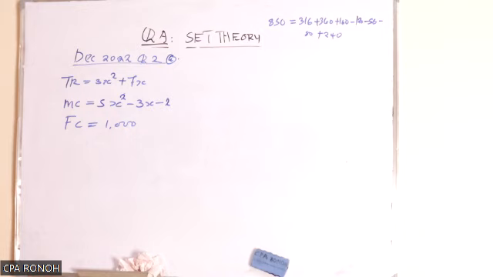Derive the average cost and average revenue functions of the firm. Number 2, calculate the profit maximizing output. And number 3, calculate the price charged upon maximizing the profit and how much each pair of shoes could cost.